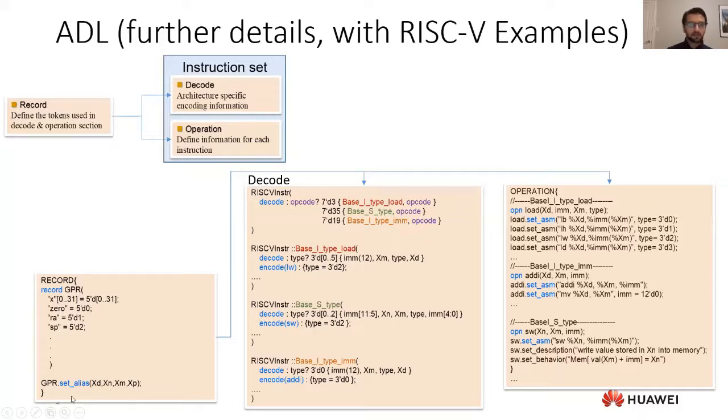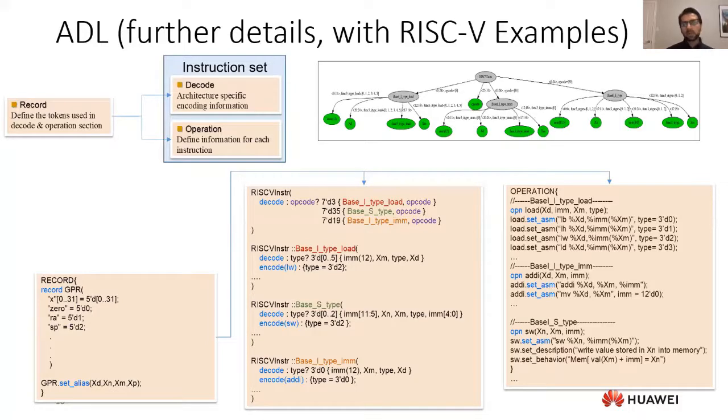And of course, the record part here is defining the tokens which are used within these two components. Once we parse the ADL, we generate the intermediate representation, and we can symbolize it in the form of a graph, which can be used across different teams for visualizing, for discussing, and also verifying that the encoding that has been written is true to the intent.